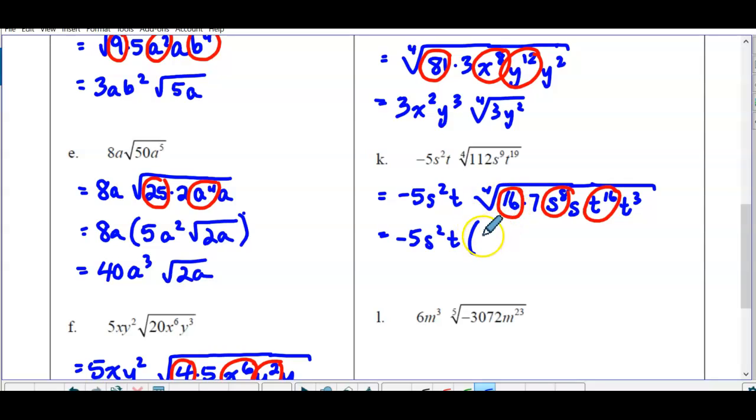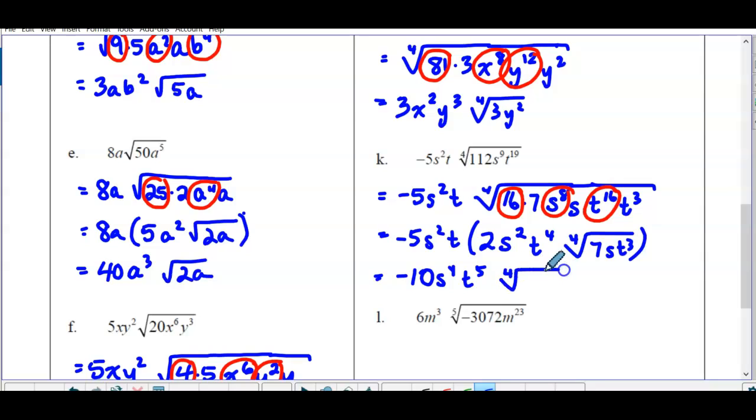Fourth root of 16 is 2 s squared t to the fourth. And then fourth root of 7 s t cubed. So then simplify: negative 10 s to the 4 t to the fifth, fourth root of 7 s t cubed.